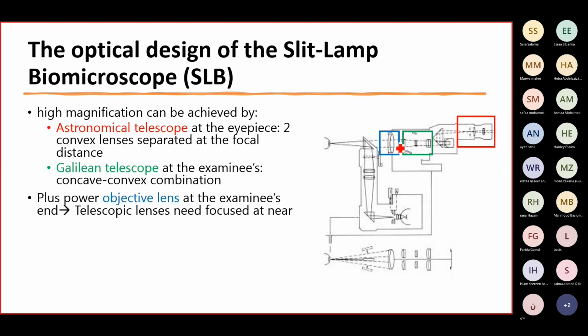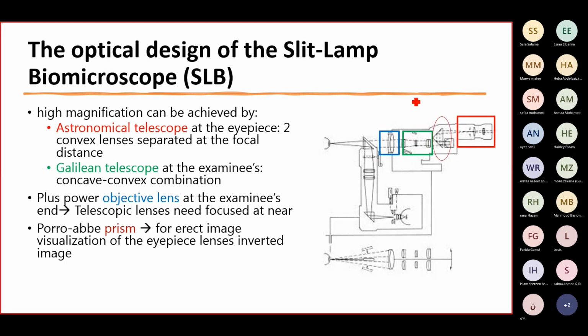And we need to have a prism to invert the image before passing through the astronomic telescope, because otherwise the image will be inverted like the indirect ophthalmoscope. But this prism will invert the inverted images and we will end up having an erect image.